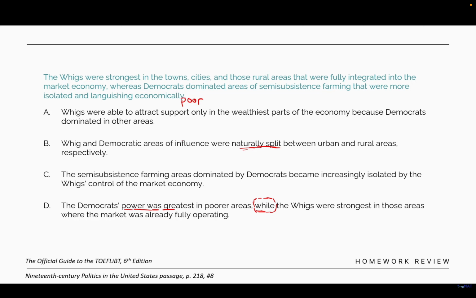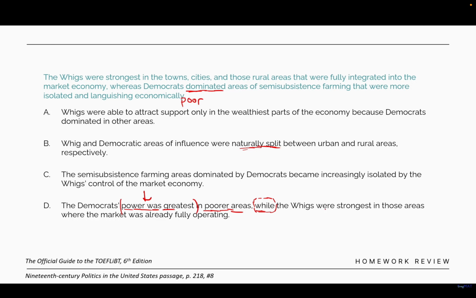So we already had the poor areas right there. That's going to be languishing economically, isolated. But we still need to provide evidence for the Democrats' power was greatest. Do we have any evidence for that? Dominated. Yep, dominated right there. So dominated is going to match with the power was greatest. Make sense? Okay.